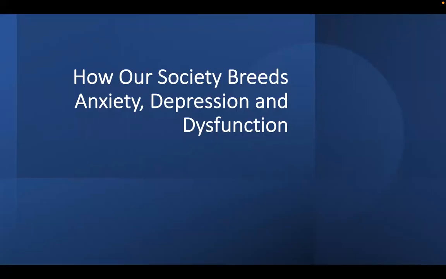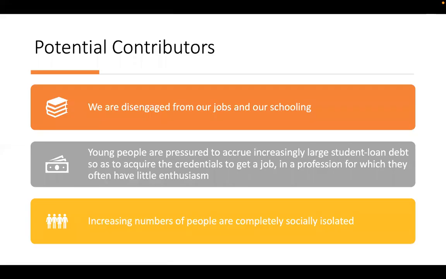So then moving on to the article on how our society breeds anxiety, depression, and dysfunction. This is really about taking into consideration and zooming out on the environmental factors that can be at play when an individual steps into our office or into our space.